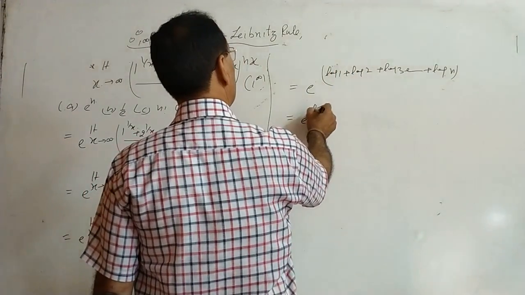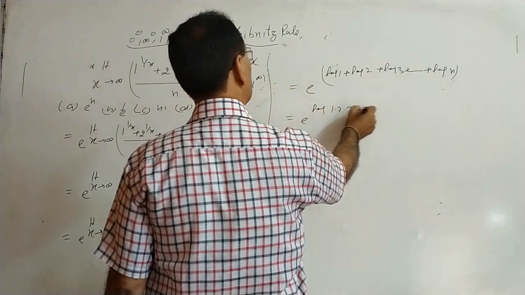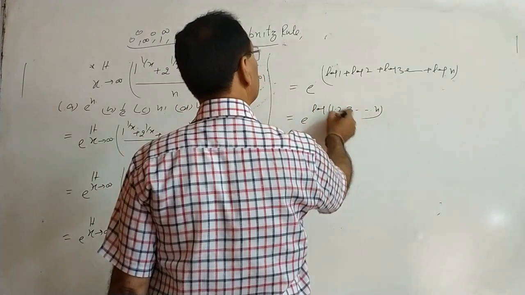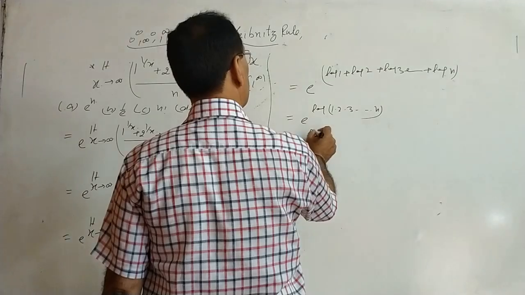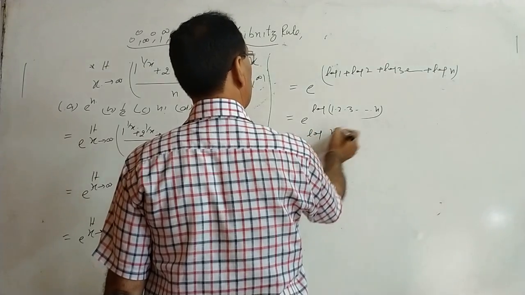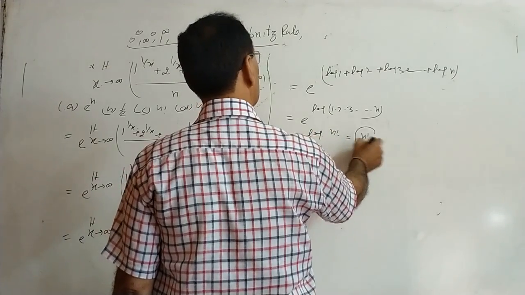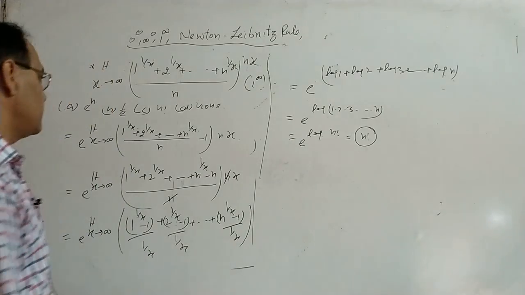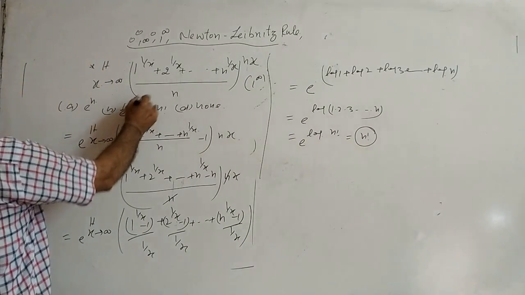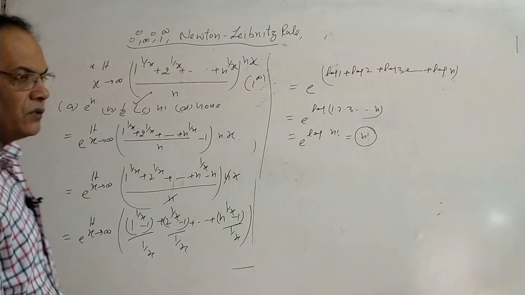And you may write it is log of 1 into 2 into 3 up to n, or e raised to power log n factorial. E raised to power log cancel to each other, then what should be the option? Option should be n factorial. Now in the options it should be C.